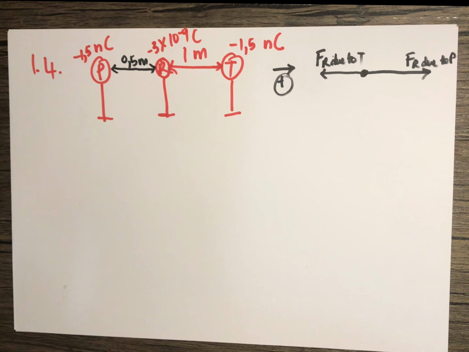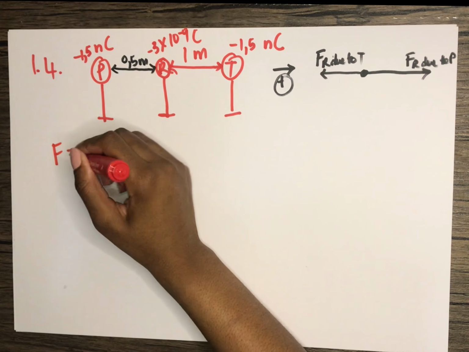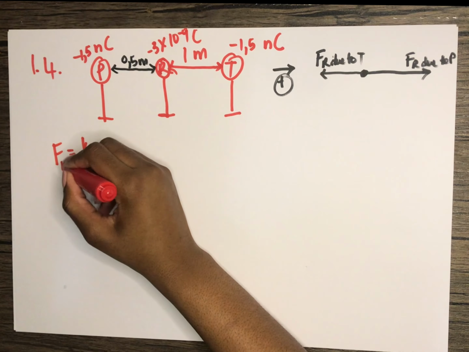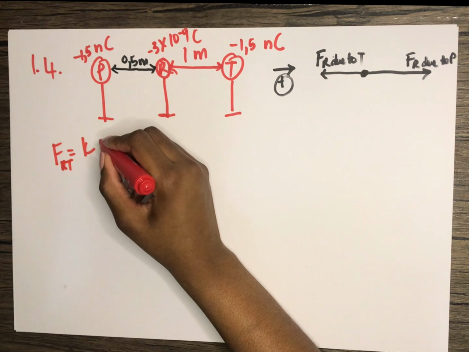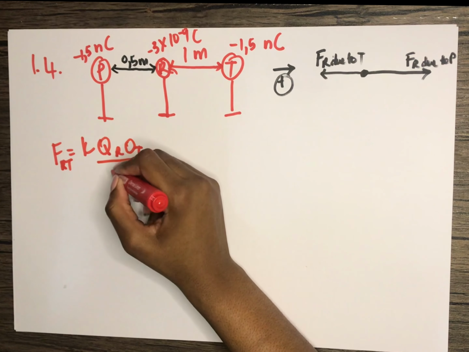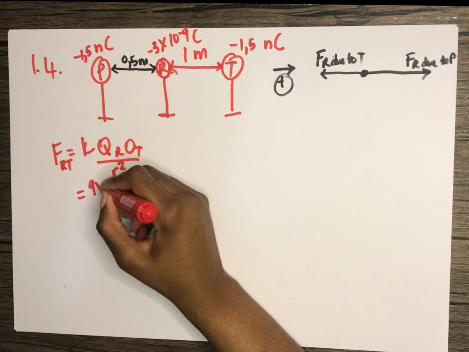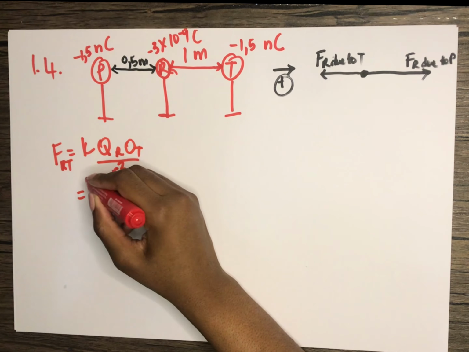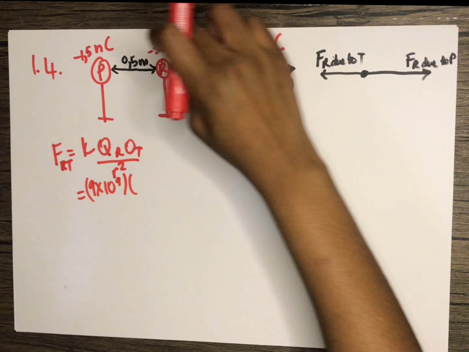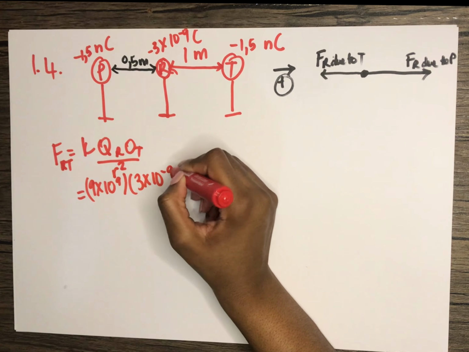So now from this, I can calculate the electrostatic force that is experienced by R due to each sphere. I'm going to use Coulomb's law. F is equal to K. Let's start with R, T. So it's going to be K, Q_R, Q_T over r squared. Then I substitute. This is Coulomb's constant, 9 times 10 to the power of 9. And then the charge on R is going to be 3 times 10 to the power of negative 9.